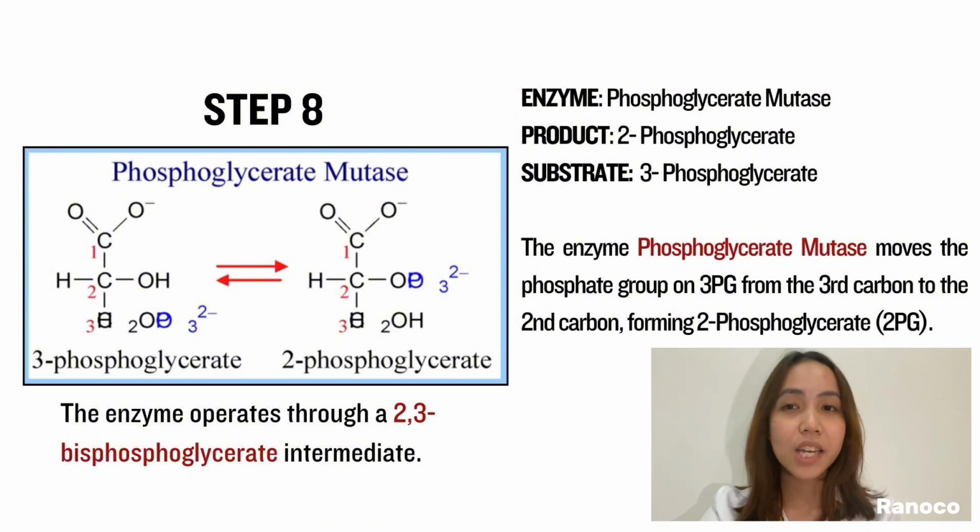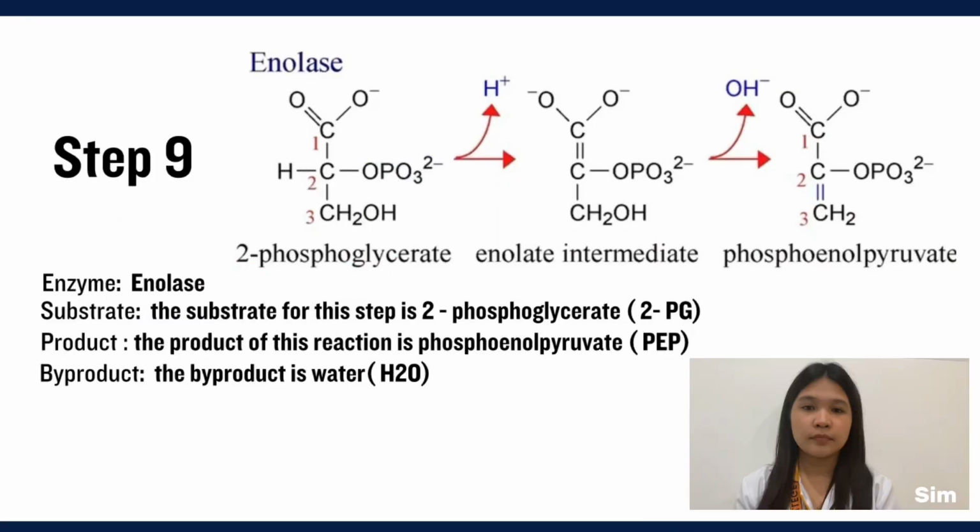Then, the enzyme removes the phosphate from the third carbon. The result is 2-phosphoglycerate, a molecule that's now in the correct position for the next step, which is the dehydration reaction in step 9. The reaction is called a mutase reaction, which means a functional group is shifted from one position to another.